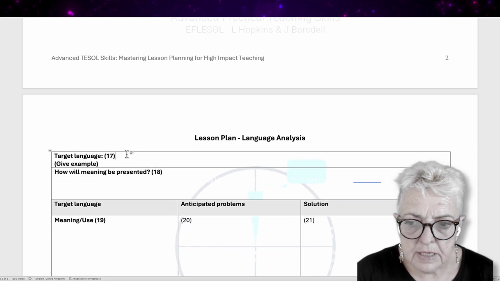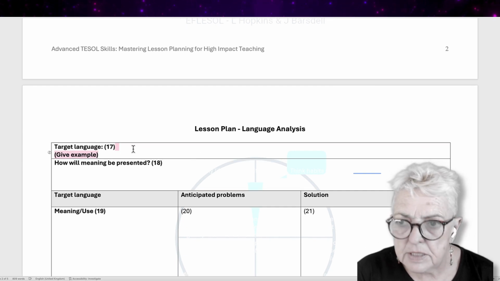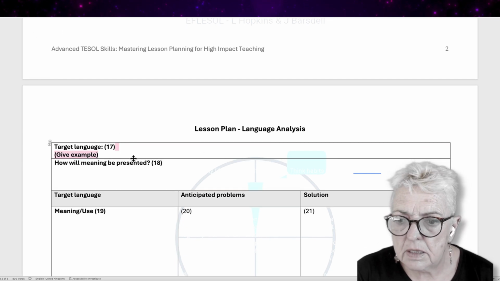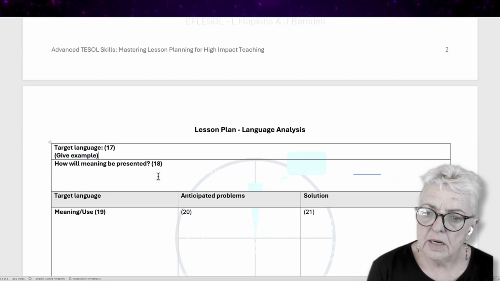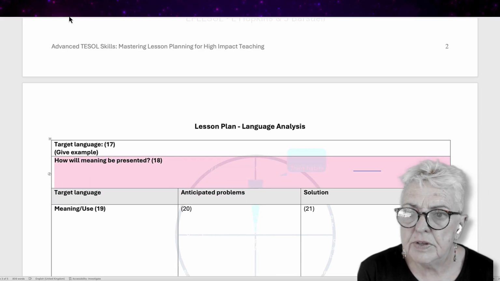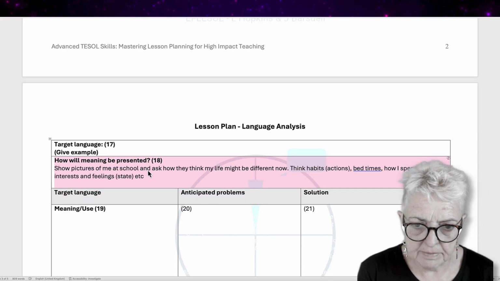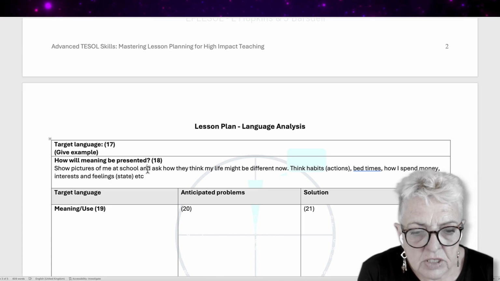Okay, so this is going to be our target language. Let's see if I can... Okay. Oh, I haven't put it in there. Hang on, I'll come back to that then. Okay, how will the meaning of the target language be presented? So this is essentially context as well.